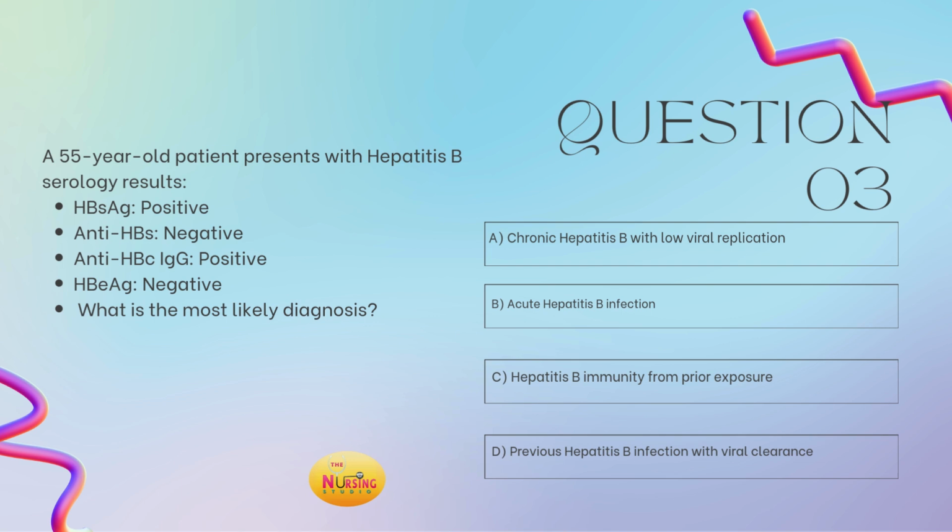So the virus replication, how it continues to increase or expand, so to speak, is low, which is a good thing, right? That's what you want it to be. So that HBeAg being negative shows us that it's low. Okay, so your answer again is A, chronic hepatitis B with low viral replication.